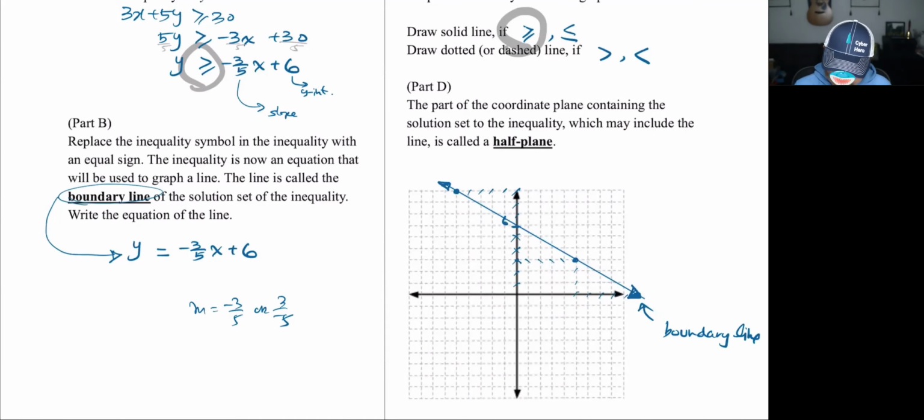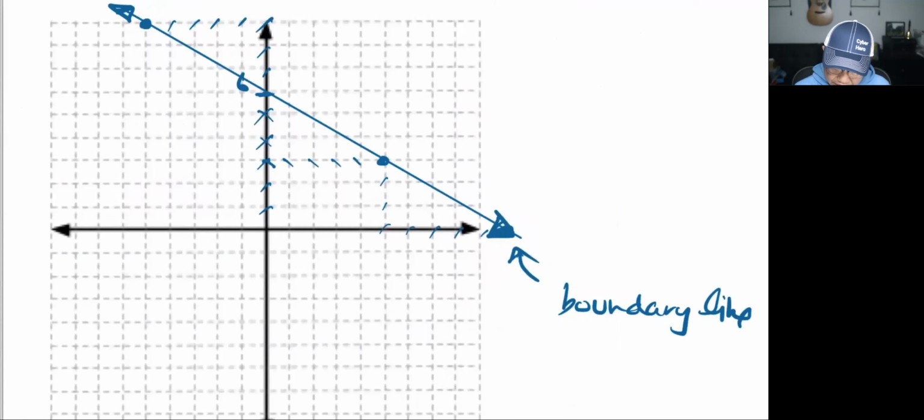So this is what I do. Okay. Method 1. Let's zoom that in. Method 1 of shading.